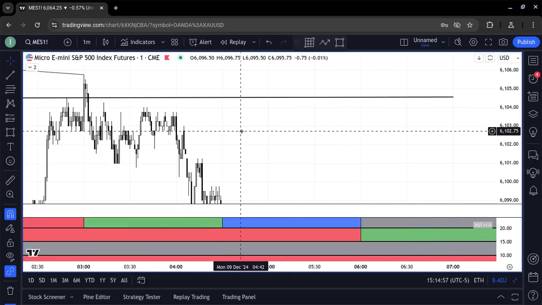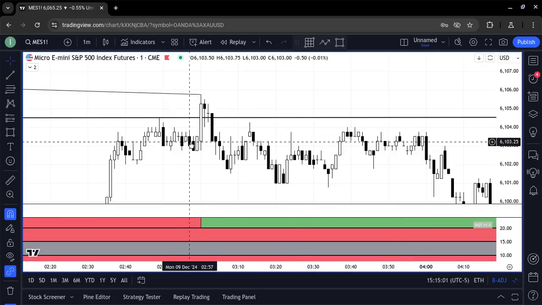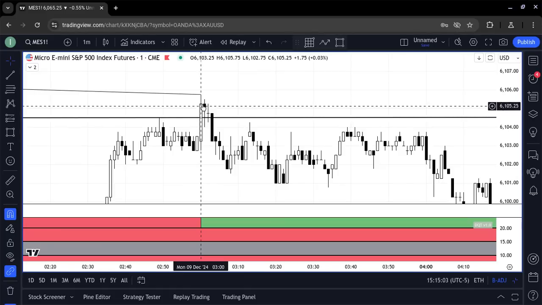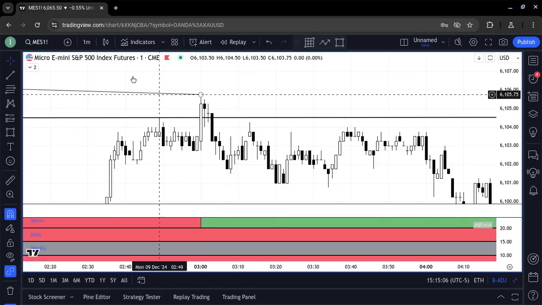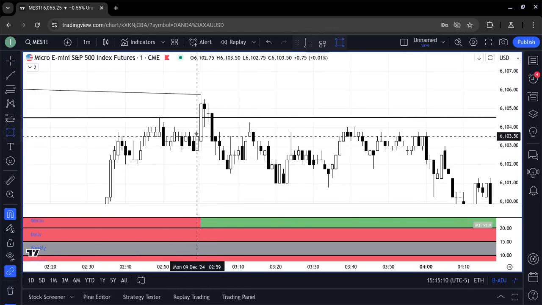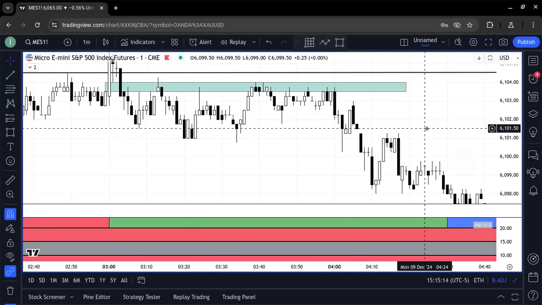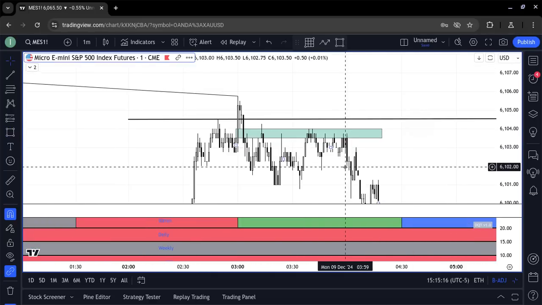And there was actually. You have this order block right here. Okay, price closed below, giving us an IFVG, and then that was it. That was the entry right there.